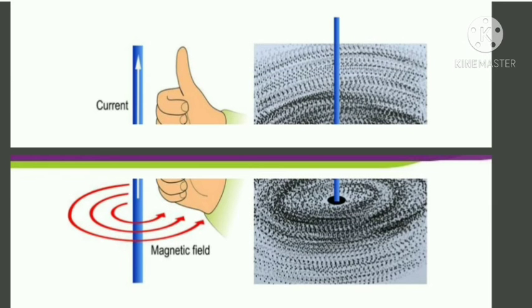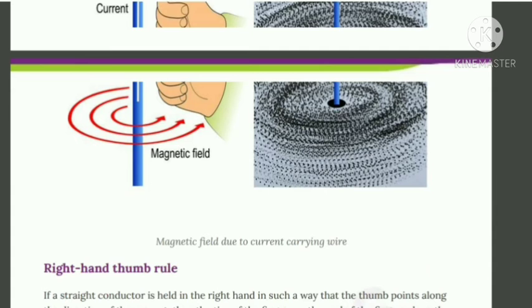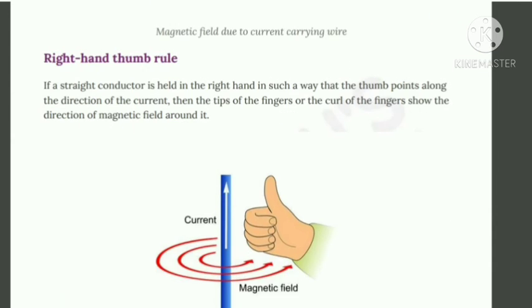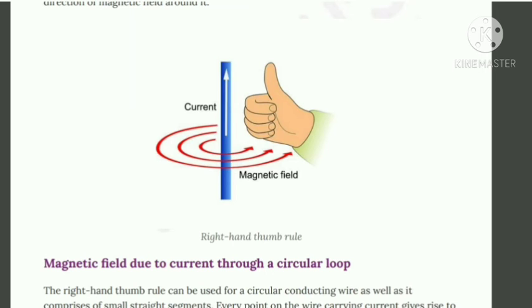From this figure you can understand that this is the right hand. The straight conductor is held in the right hand in such a way that the thumb shows the direction of flow of electric current, and the curled or wrapped fingers show the direction of the magnetic field produced. Thus, here the right hand thumb rule is shown.